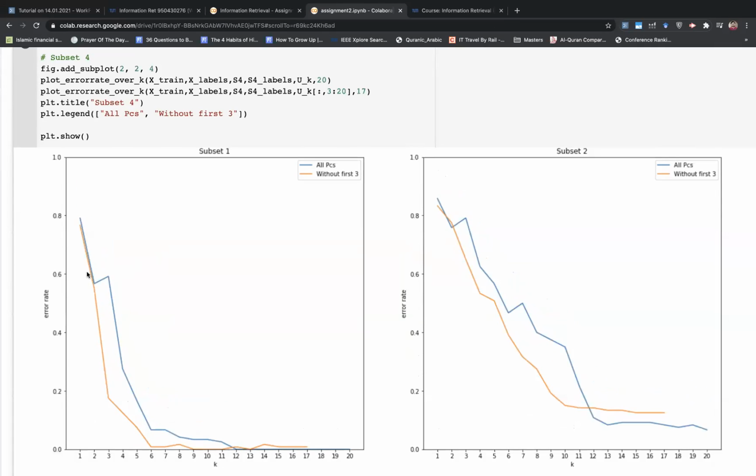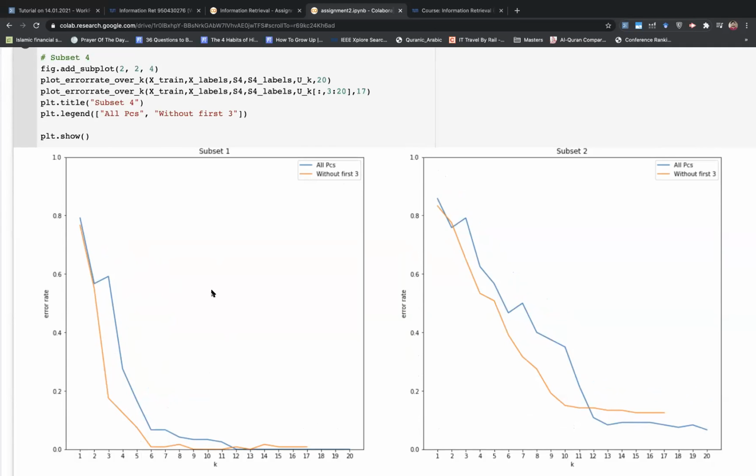What we're seeing here is that this blue curve is all principal components, and this yellow one is without the first three principal components. As you can see, as we increase k, the error rate decreases for both of them, right?